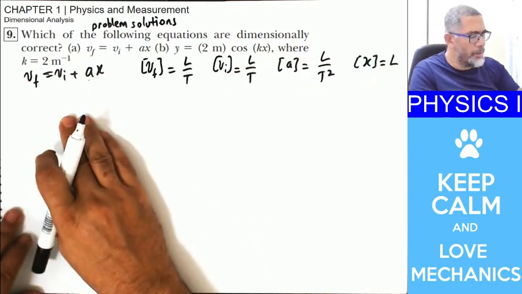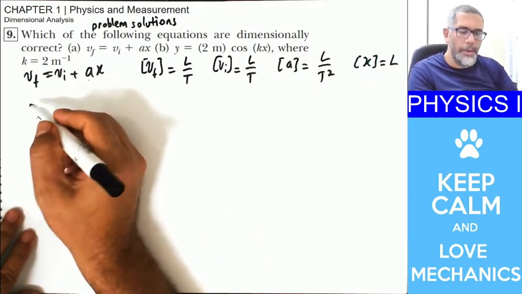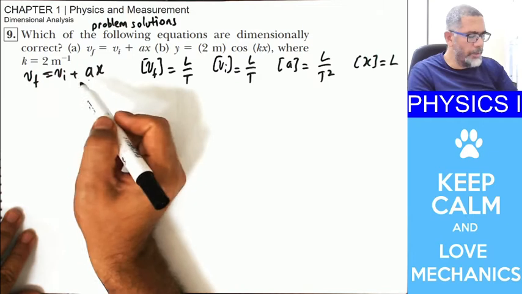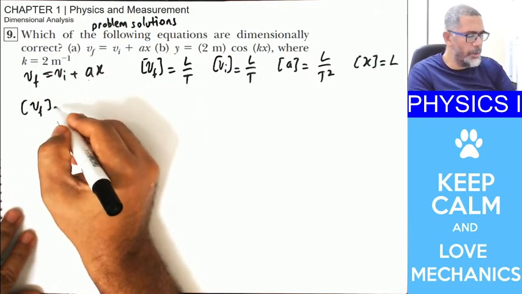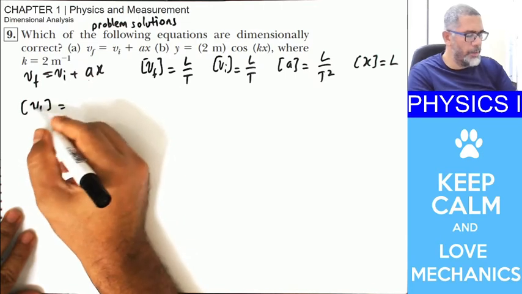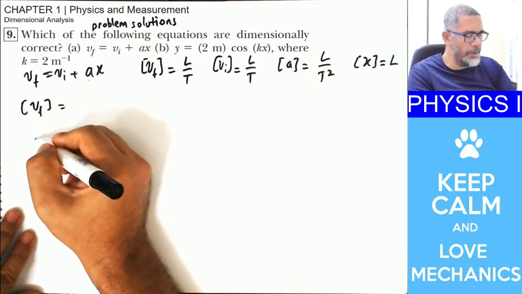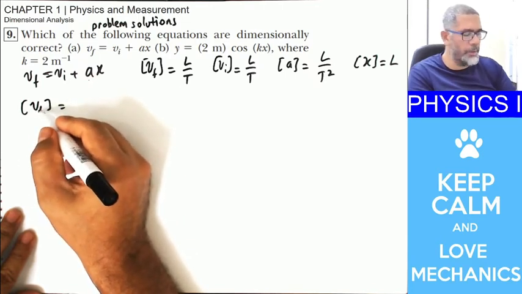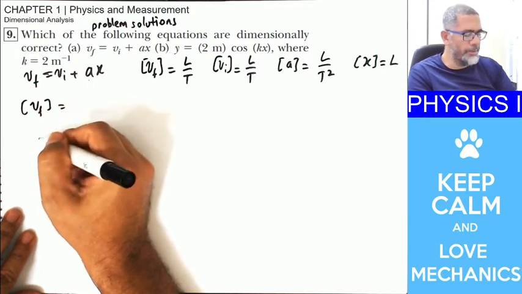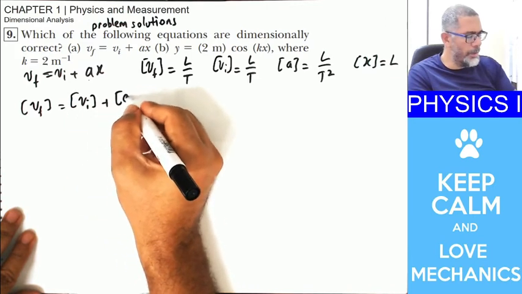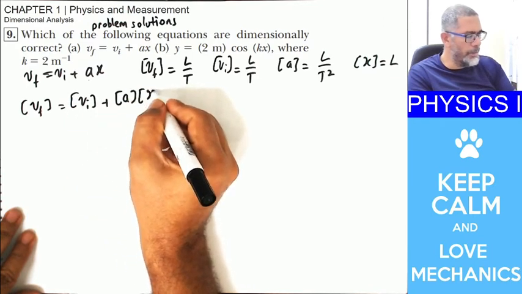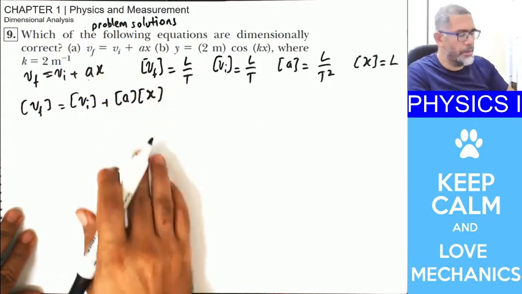Okay, so what we do is we just take the square bracket of every term in this equation. Whenever you see a square bracket, just put the dimensions of the physical quantity inside. So let me write this down: square bracket A multiplied by square bracket x, because these are multiplied by each other.